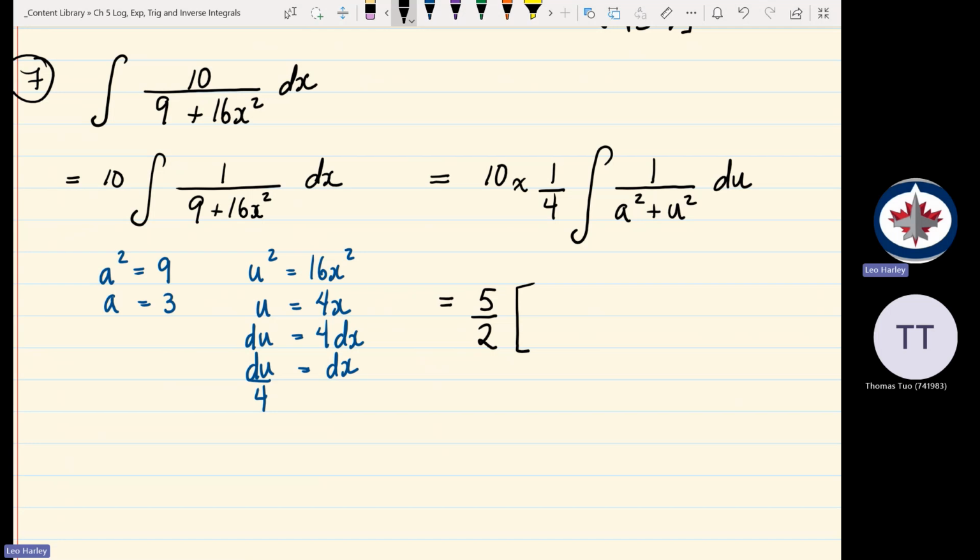Doesn't arctan have the 1 over a? That's going to be 1 over 3.